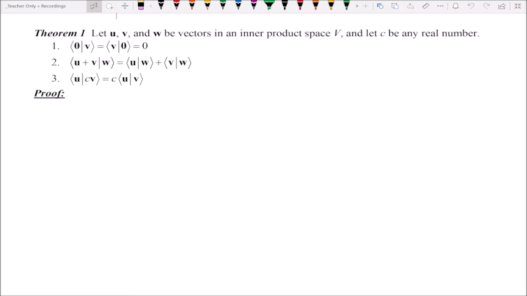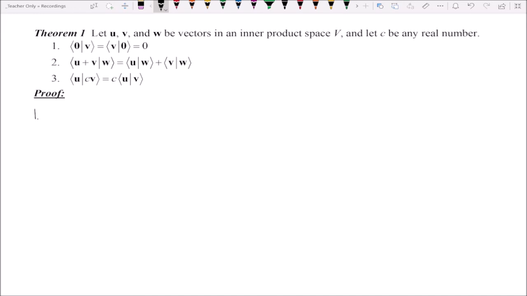And remember, since it's commutative, 0 with v and v with 0 are obviously identical. Second, the inner product of u plus v with w is the inner product of u with w plus the inner product of v with w. Notice that this is just the flip of axiom number 2 in the definition. And finally, the inner product of u with cv is equal to c times the inner product of u with v. Once again, notice that this is just the flip of axiom number 3 in the definition.